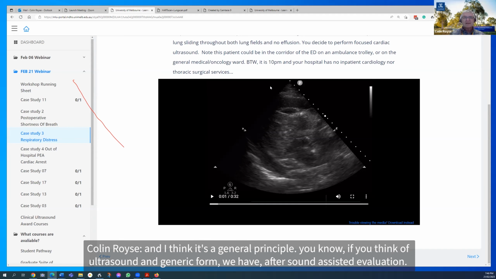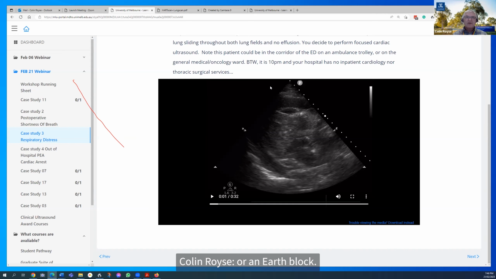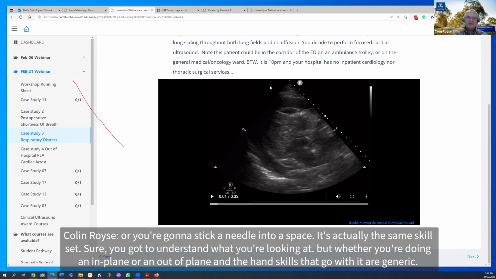And I think it's a general principle. If you think of ultrasound in generic form, we have ultrasound assisted evaluation. That's the diagnostic POCUS, bedside decision making. And the flip side is ultrasound guided procedures. And whether you're using it to put a drip in, a central line, a radial artery line, or a femoral arterial line, or a nerve block, or you're going to stick a needle into a space, it's actually the same skill set.